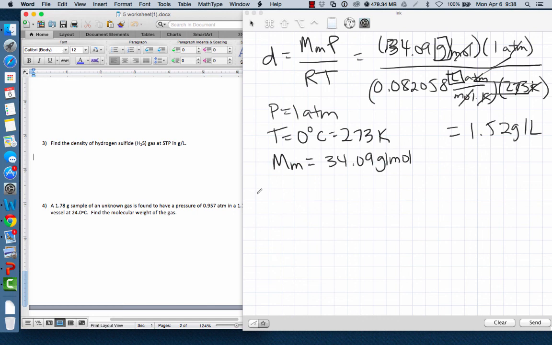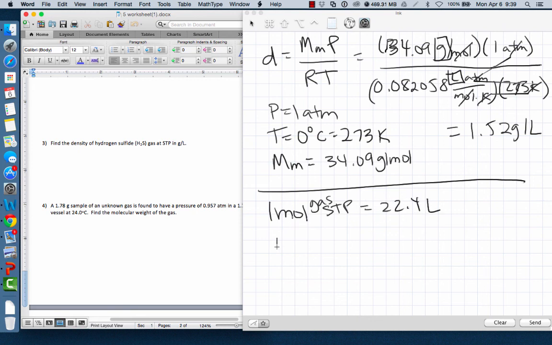The other way we could have done it, which is a lot easier, is if we just remember our molar volume. 1 mole of any gas at STP is 22.4 liters, right? So we know the molar mass, that's 34.09 grams per mole.